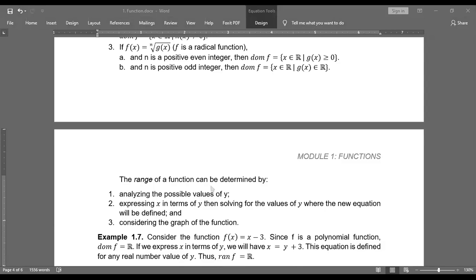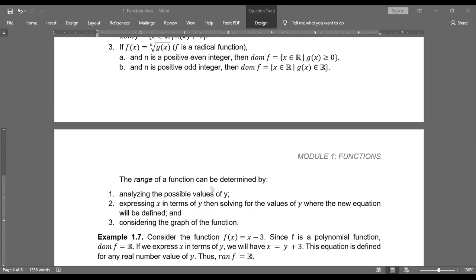Expressing x in terms of y, then solving for the values of y, where the new equation will be defined, and consider the graph of the function. So one way of knowing the range is that you have to observe the values of y. If the set of y values are well defined, then you may just write the range.